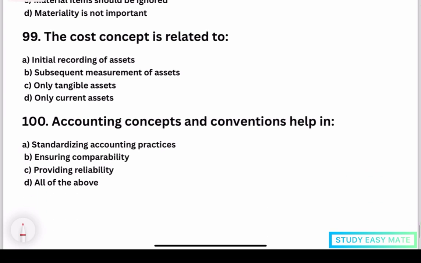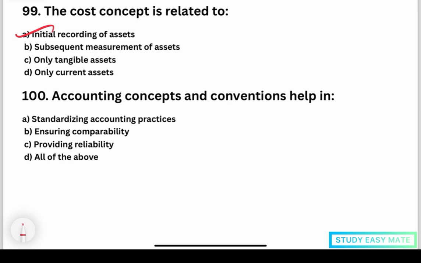The cost concept is related to initial recording of assets, because of initial recording of assets at their acquisition cost. While it may influence subsequent measurement, its primary application is in the initial recognition of assets. So 100, accounting concepts and conventions help in all the above: standardizing accounting practices, ensuring comparability, providing reliability.